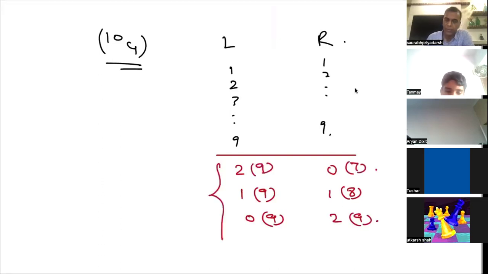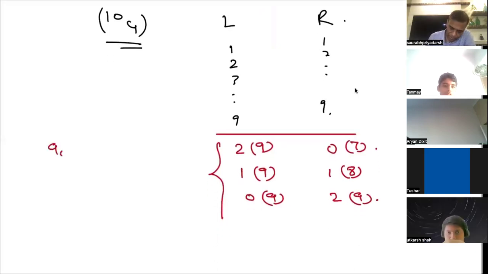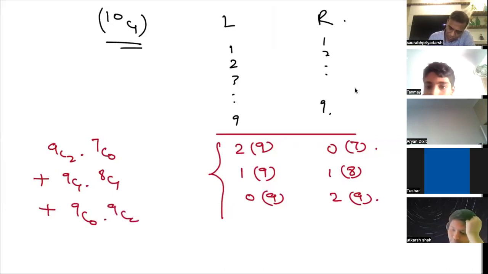So 9C2 into 7C0 plus 9C1 into 8C1 plus 9C0 into 9C2. This into 10C1. Is this okay?